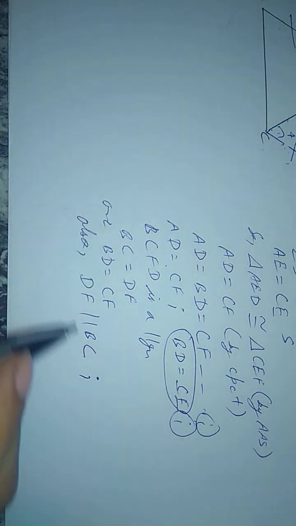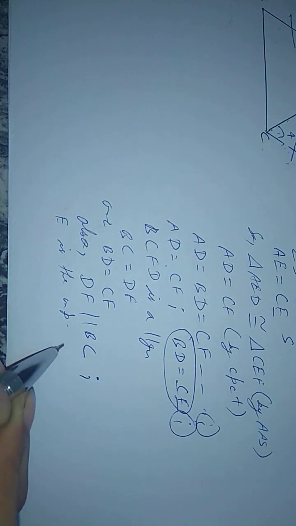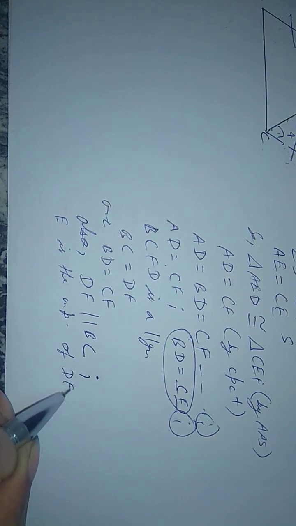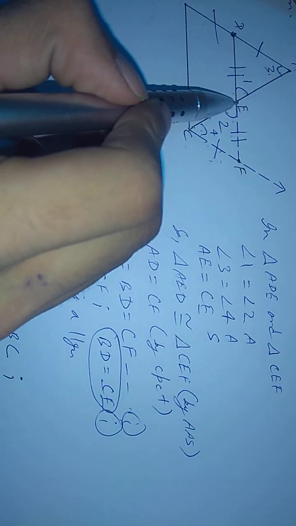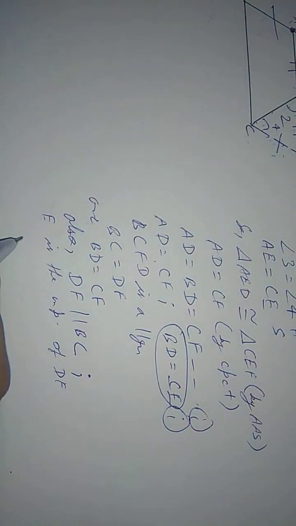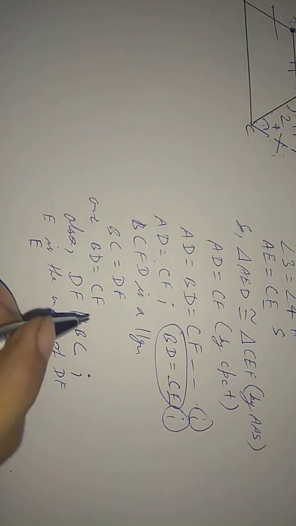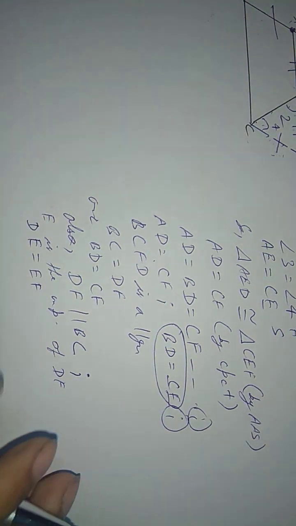Now E is the midpoint of DF. Why? Because as you can see in the figure, these triangles are congruent. So it means this must be equal to this. That's why we can say that E is the midpoint of this line segment DF, which means that DE is equal to EF.